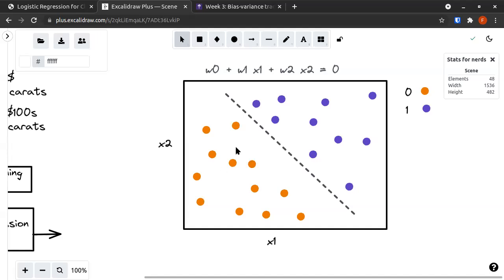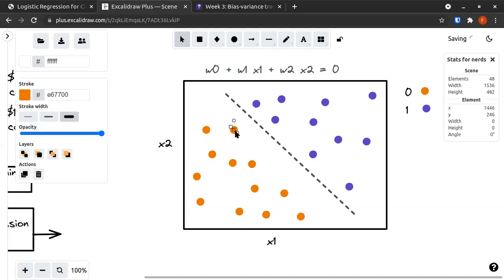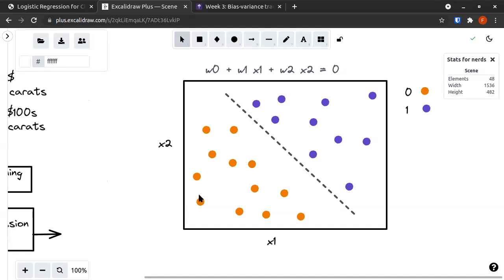So we can think, for example, about a 0-1 loss function, where you, let's say, add up the number of points classified correctly and divide them by the total number of points. Okay. So in this example, 100% of points are classified correctly.